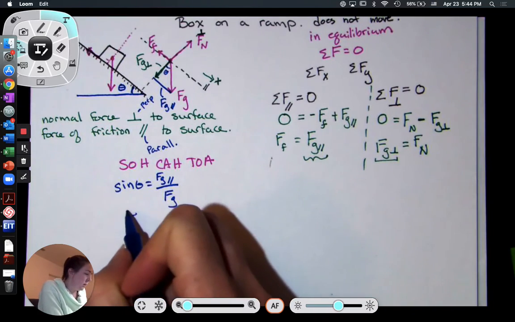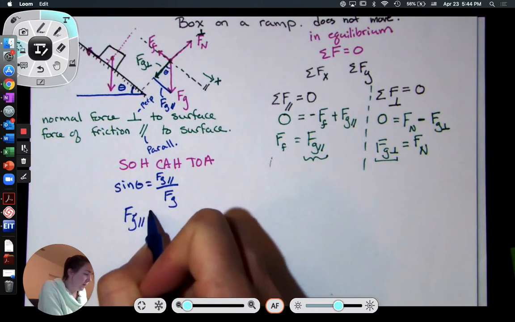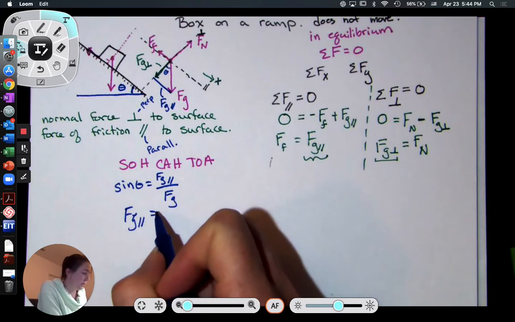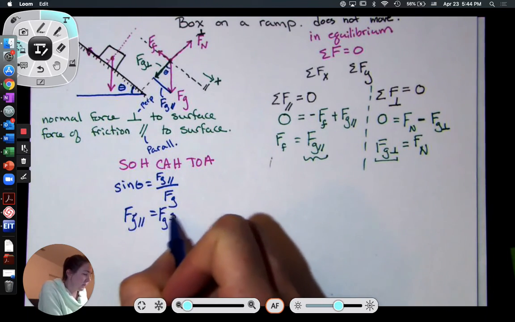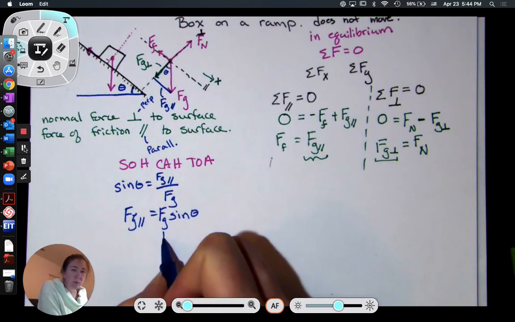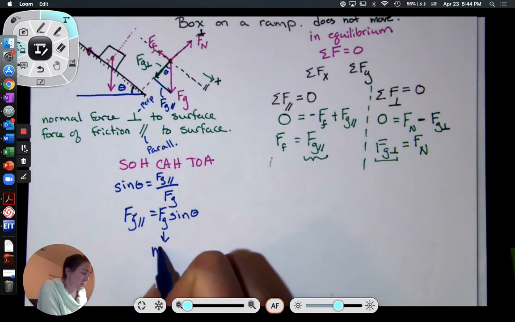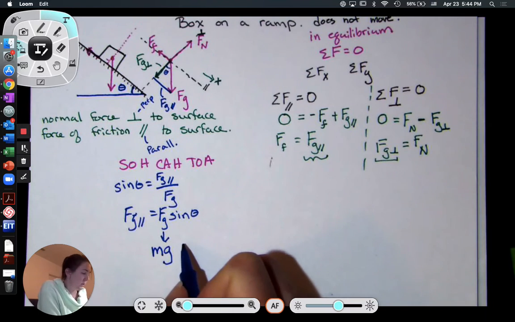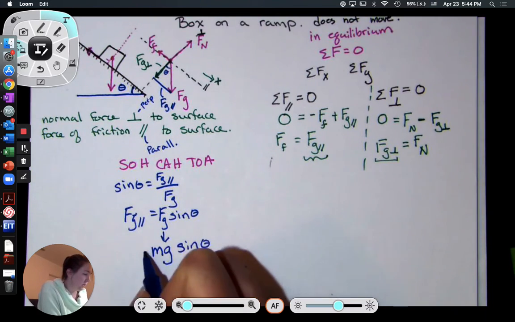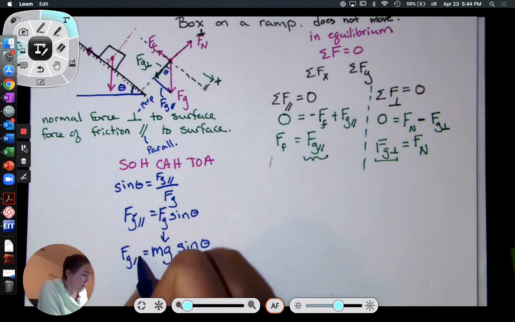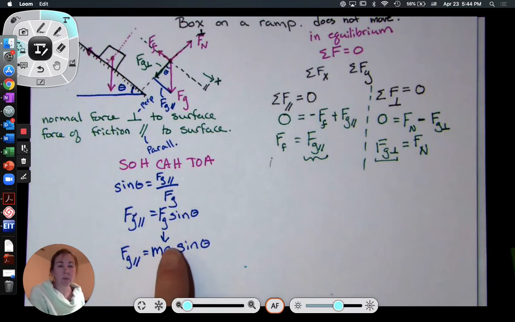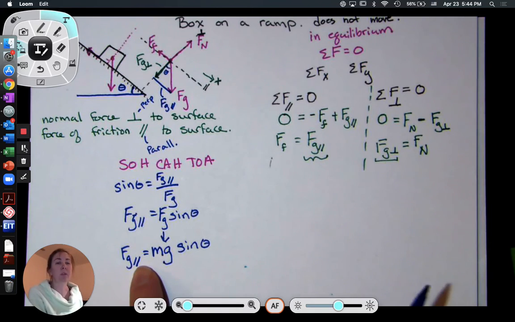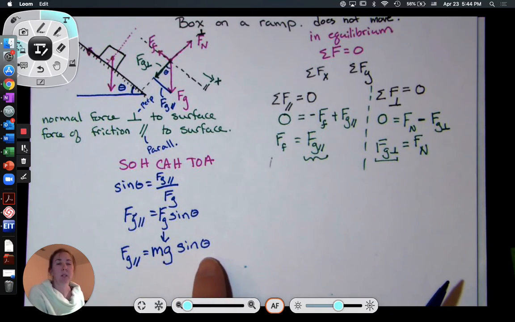So FG parallel, if I multiply both sides by the force of gravity, is the force of gravity times the sine of theta. Now remember, the force of gravity is just the mass of the block times the gravitational field strength, times the sine of theta. Once you figure out one of the components, the other component, the perpendicular component, is just going to be, instead of the sine, the cosine.